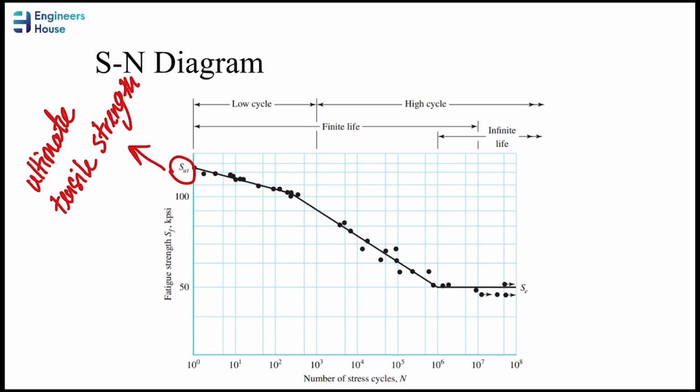This parameter is unique for each material. The other factor is F times SUT. SUT is what we just mentioned, but F is another factor that we will discuss later. For now, you have to know another factor that is SE, or the endurance limit.